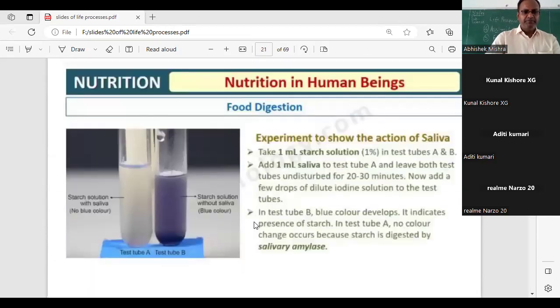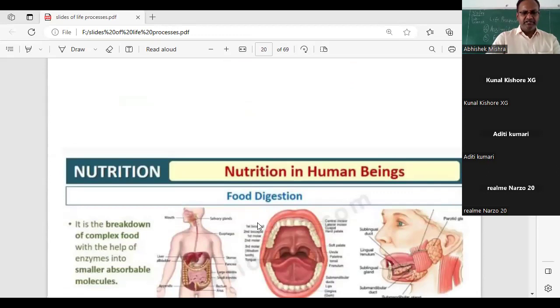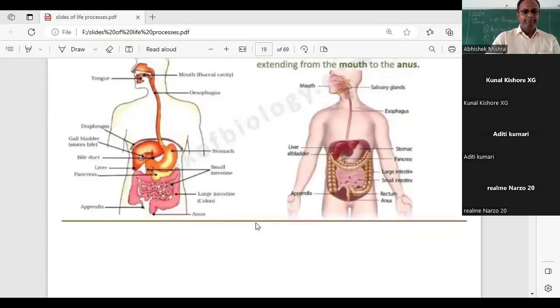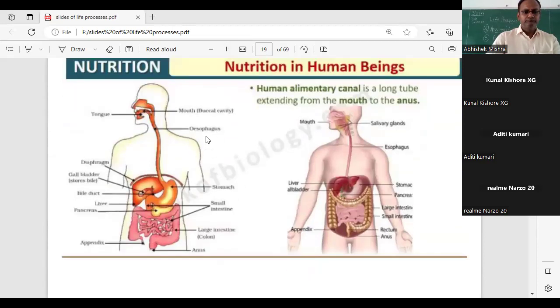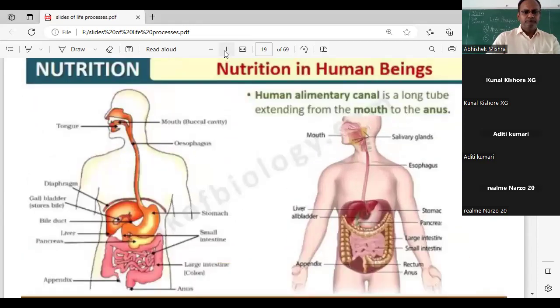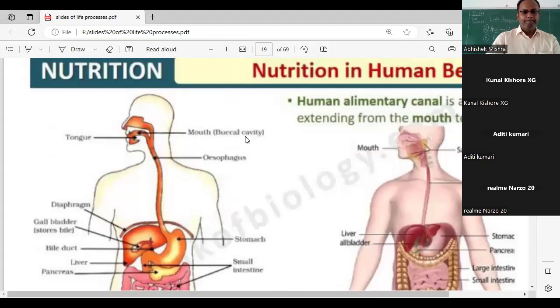Just a moment. Let me bring the diagram of the human alimentary canal. Okay, students, so with this, the entire process of nutrition in the human being is completed.